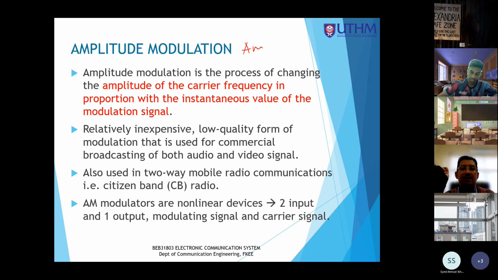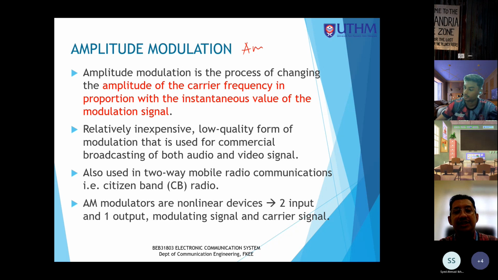Okay, so AM, amplitude modulation, seperti yang saya terangkan tadi, is the process of changing the amplitude of the carrier in accordance with the amplitude variation of the input message signal. Okay, so this AM ini melibatkan analog system. So analog system ni is relatively inexpensive.